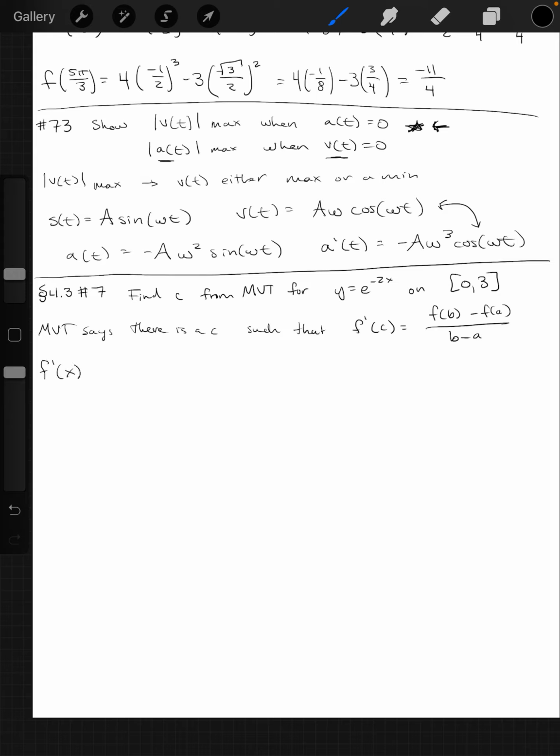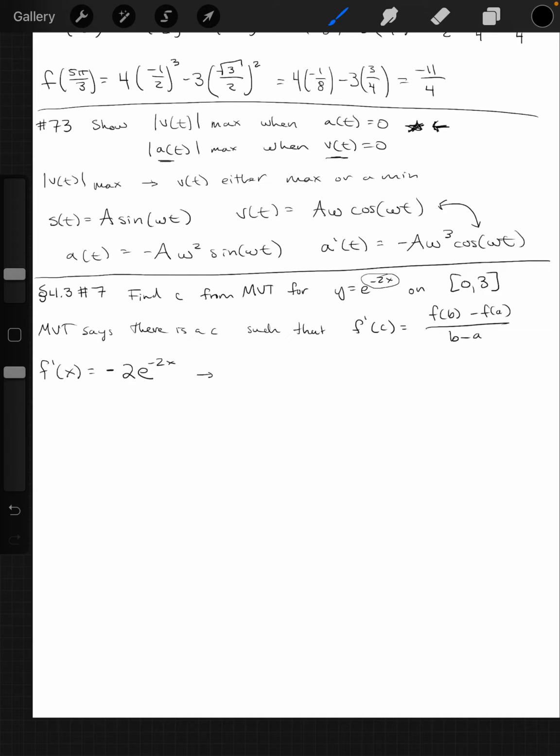So first, the derivative of f. That's going to be the generalized exponential rule, I think they call it here. We take the derivative of the exponent, which is negative 2, and then we put the whole function back where it was. Right? It's just the chain rule and the exponential rule here.